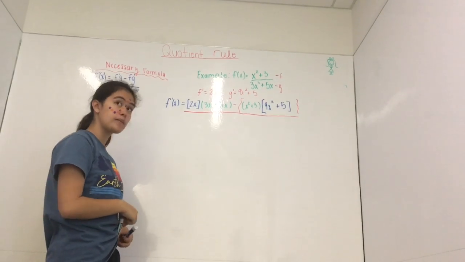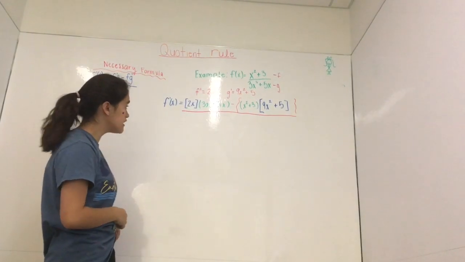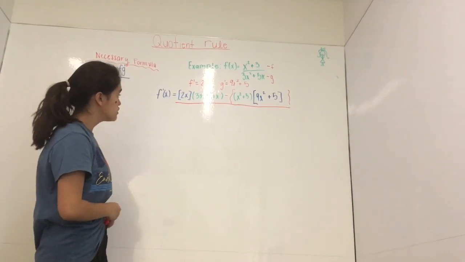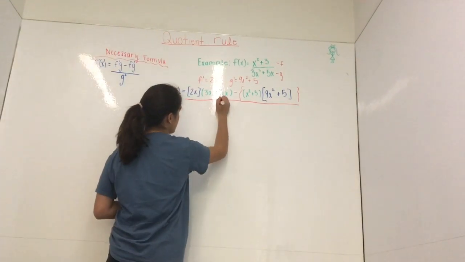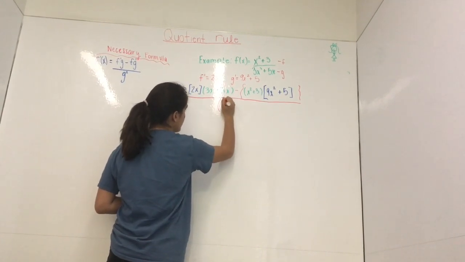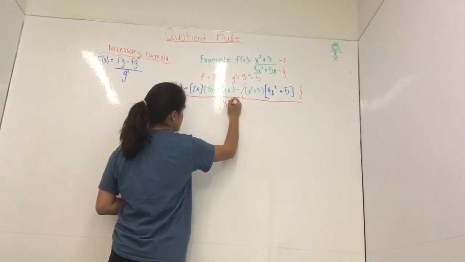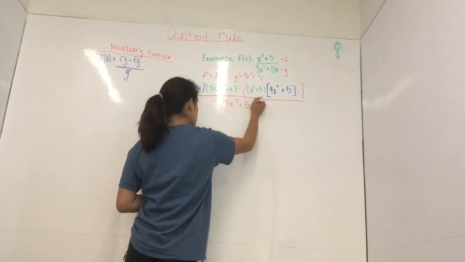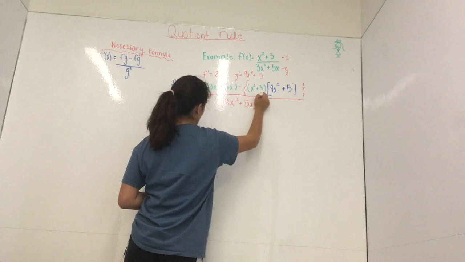As we remember from before, g is the denominator, so we are going to square it. Very simply, we're just going to put that in brackets: 3x cubed plus 5x, all of this squared.